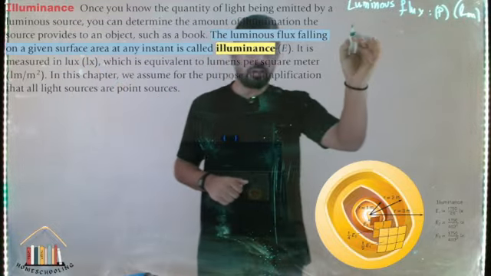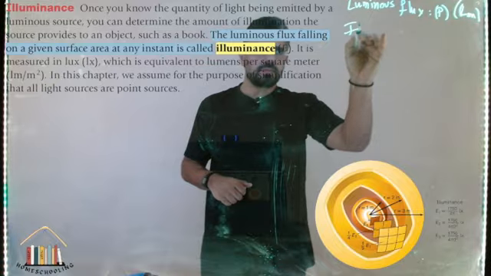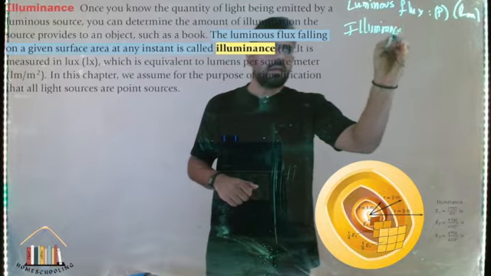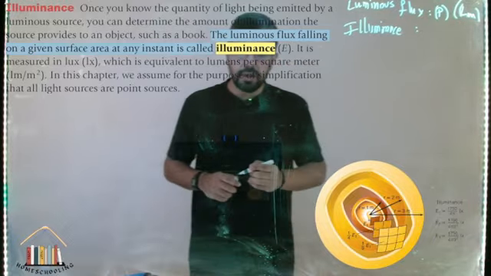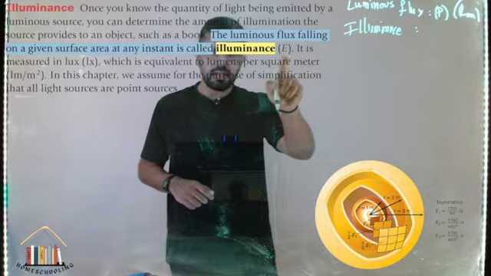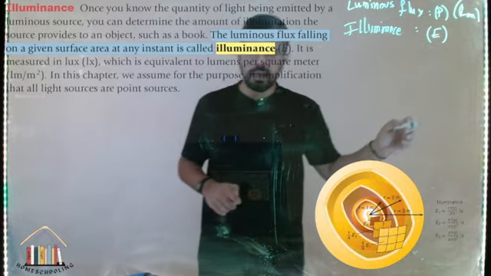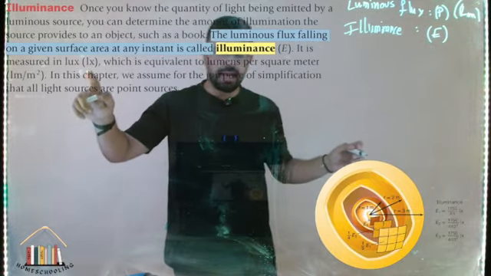So let's write it here, talking about the illuminance. The symbol of the illuminance is E, and the unit is lux, LX.